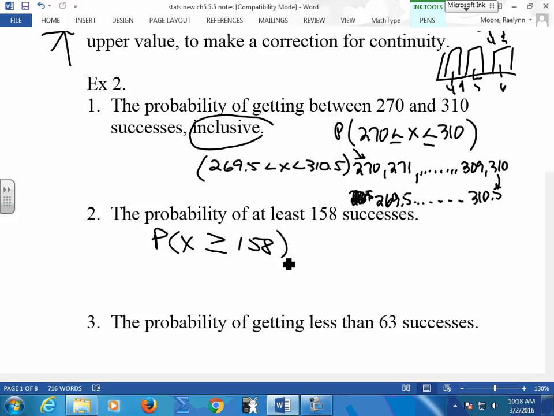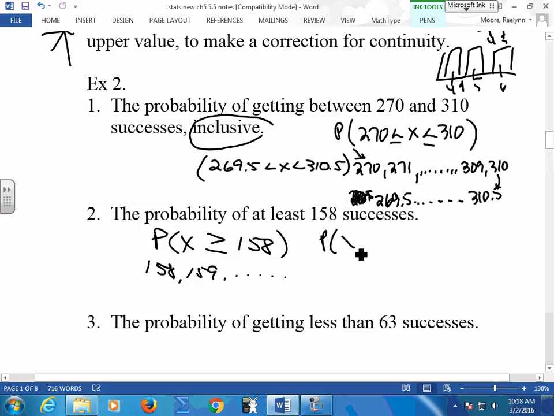So if I go to start this, what's my starting number? 158, then 159. So if I'm going to correct this for continuity, what do I have to say? The probability that x is greater than what number? 157.5.